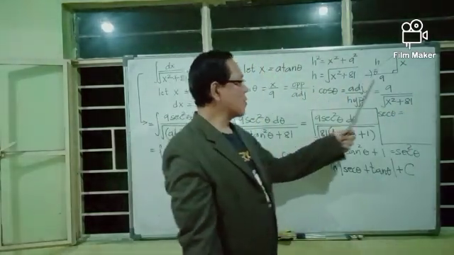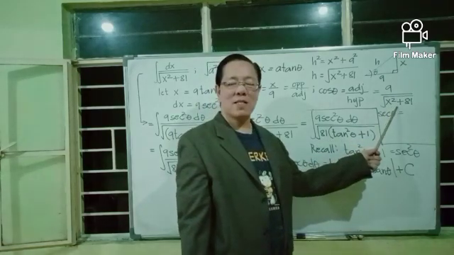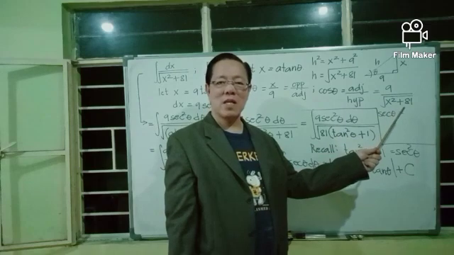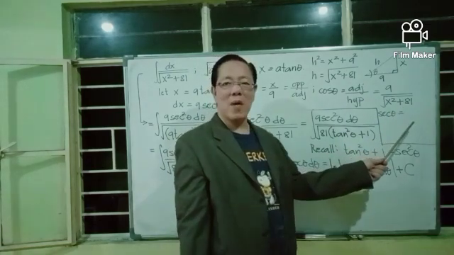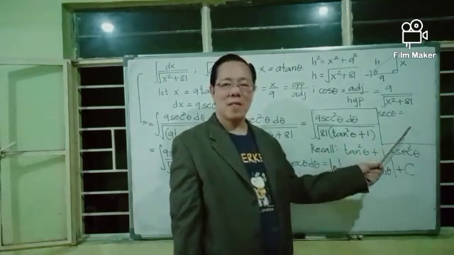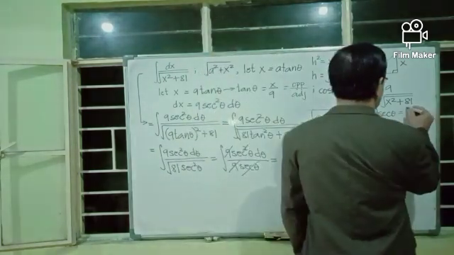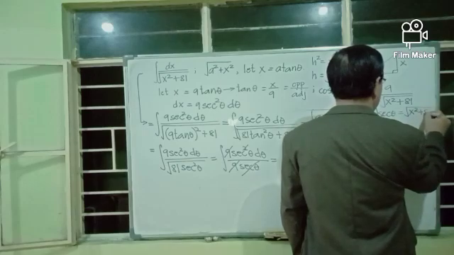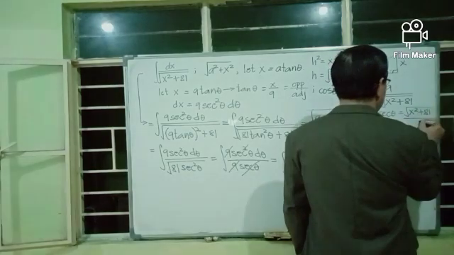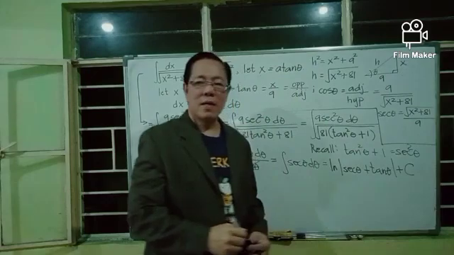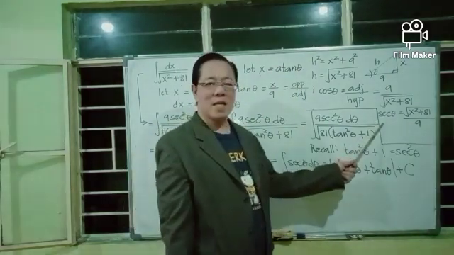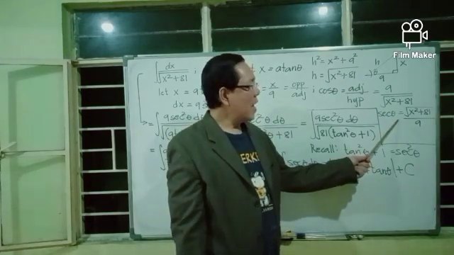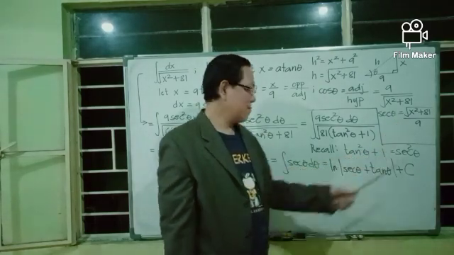Cosine theta is equal to 9 over the square root of x squared plus 81, and its reciprocal is the square root of x squared plus 81 over 9. And that is the value of secant theta.